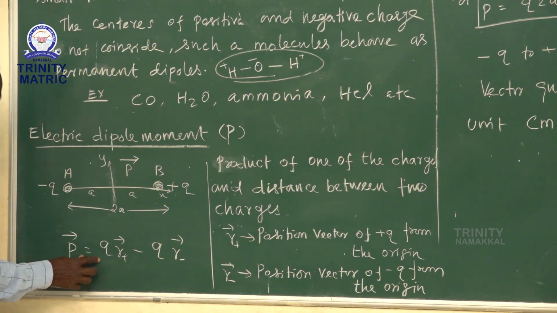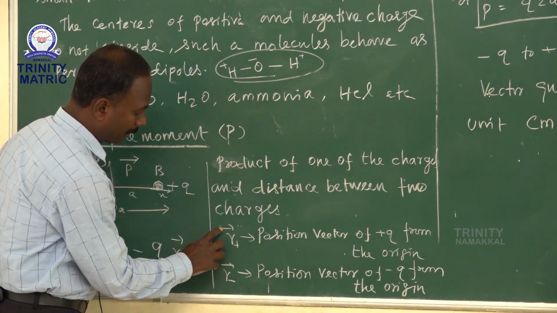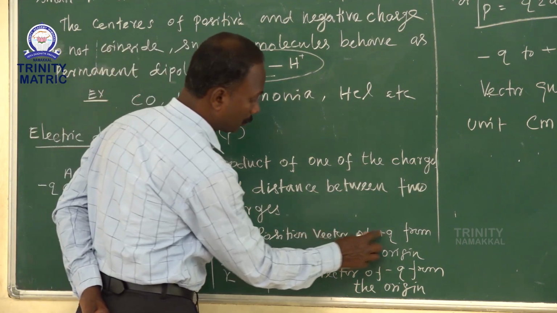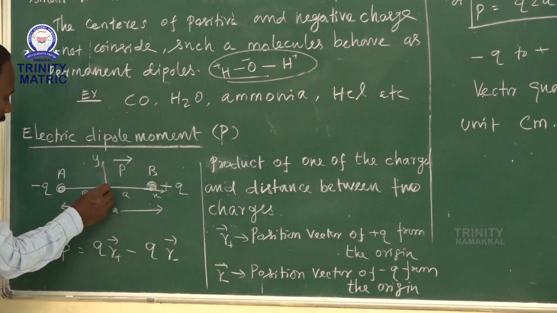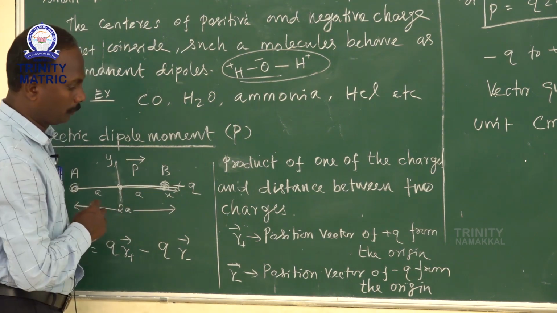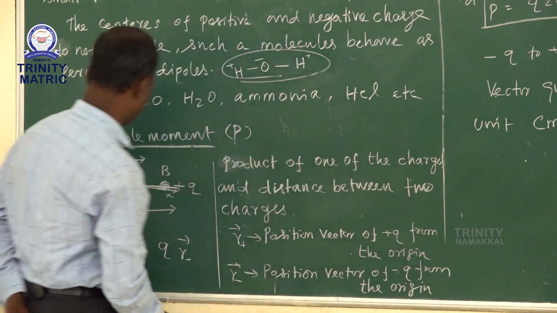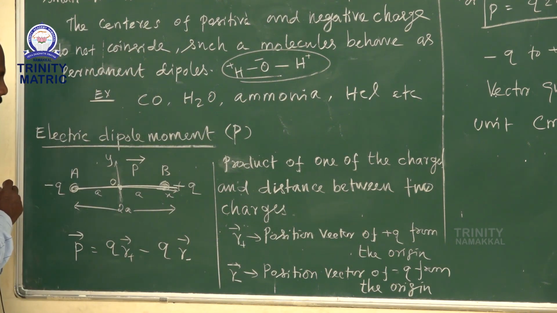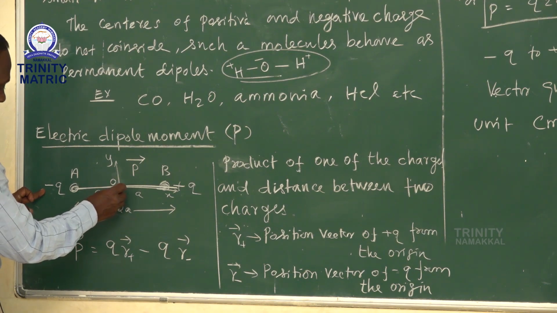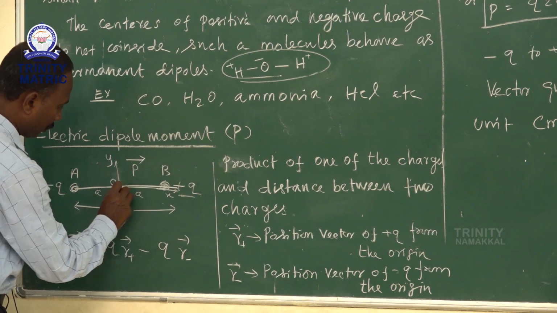Here r plus is the position vector of plus q from the origin, and r minus is the position vector of minus q from the origin. Let us consider the origin is here.